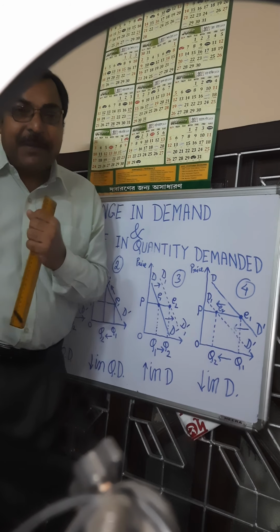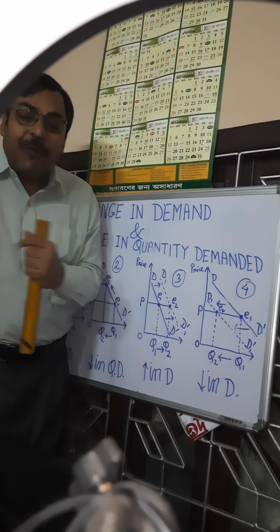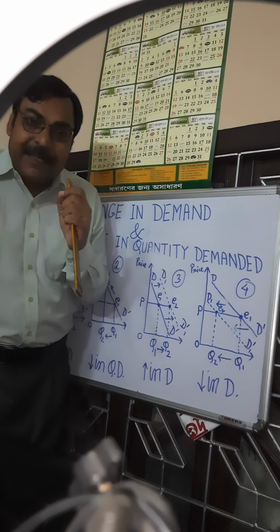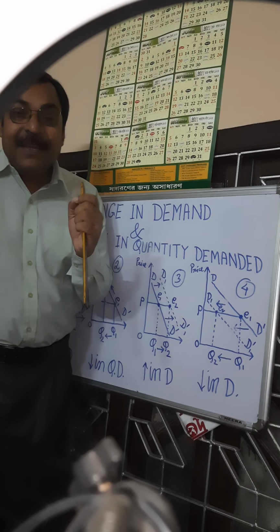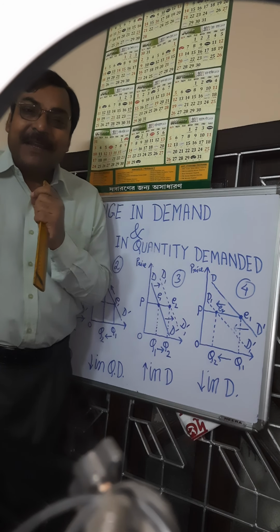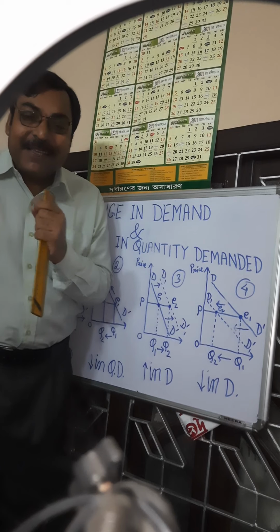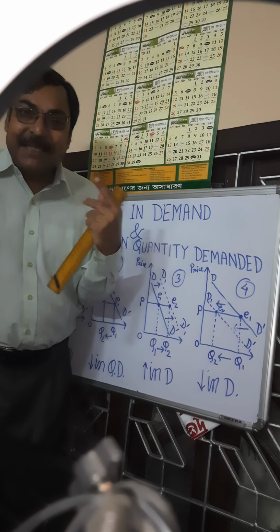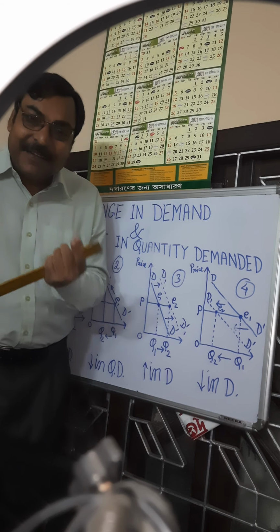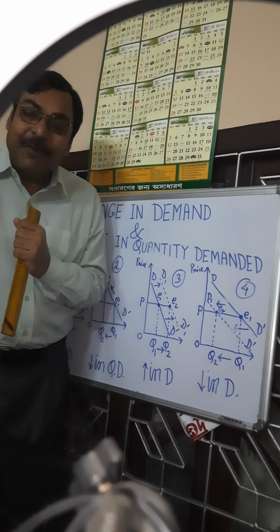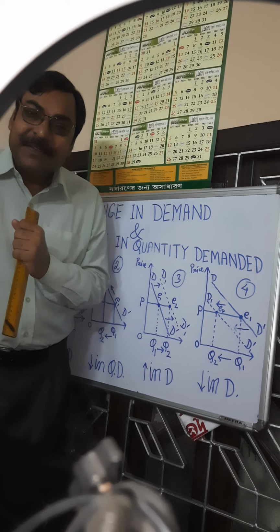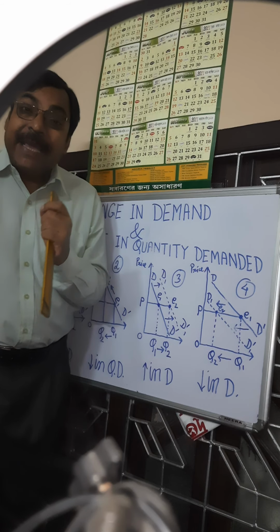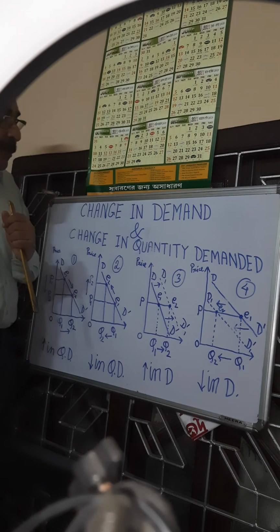This expansion of demand or rise in demand due to fall in price is termed as increase in quantity demanded or extension of demand. Similarly, when price rises and demand falls, it is decrease in quantity demanded or contraction of demand. So change in quantity demanded is of two types.